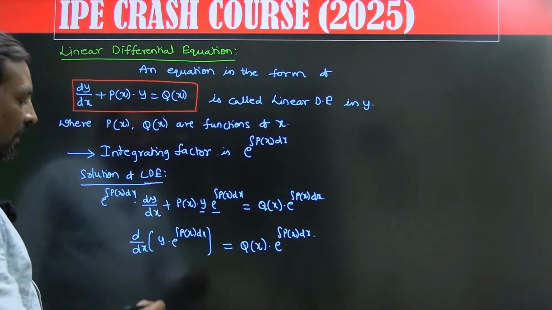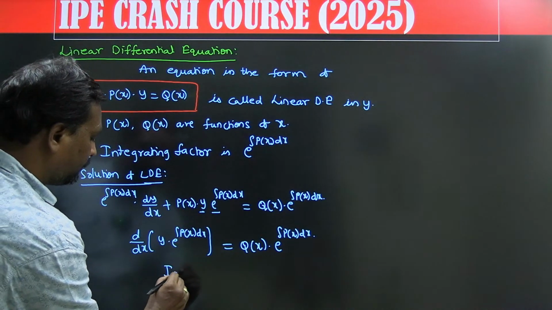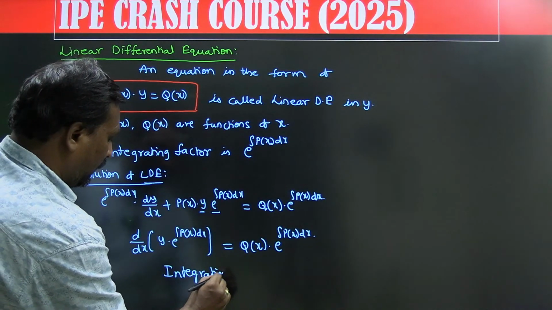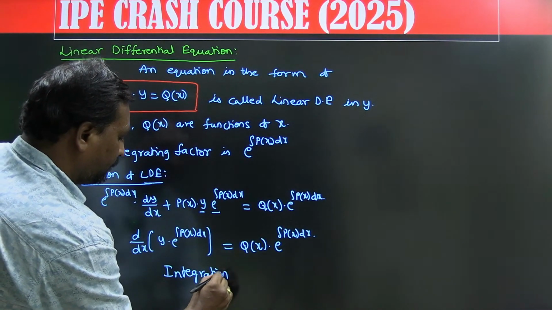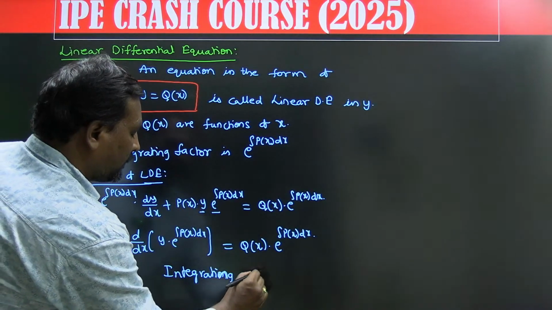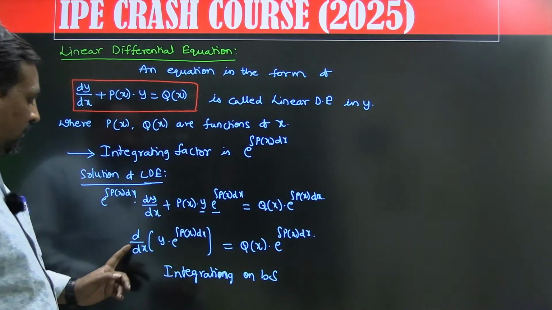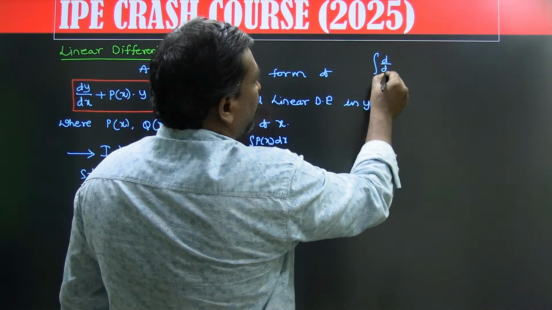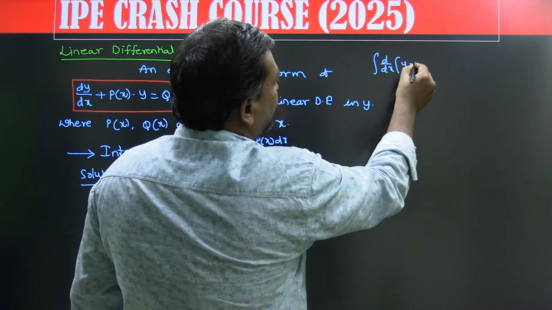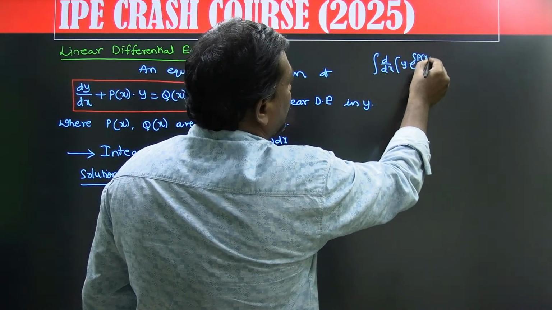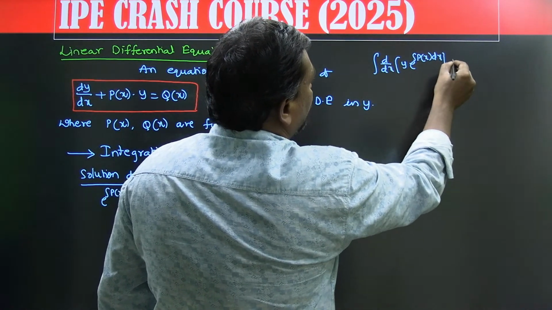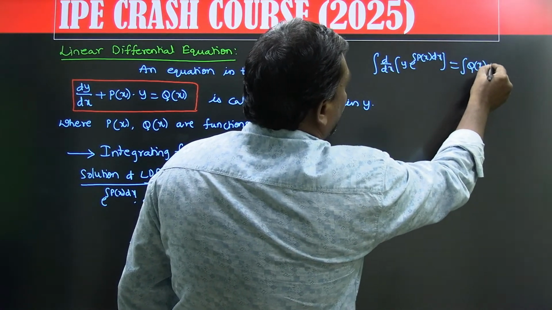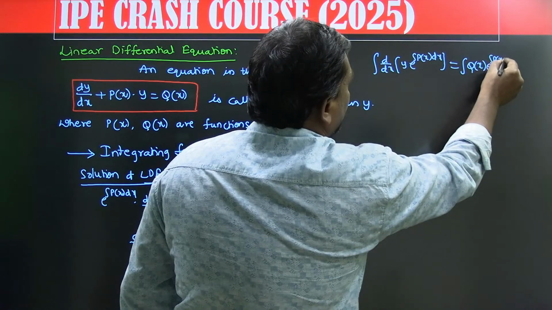Then integrating on both sides, integral of d by dx of y into e power integral p of x dx is equals to integral q of x into e power integral p of x dx.